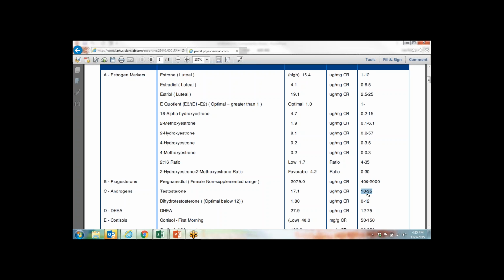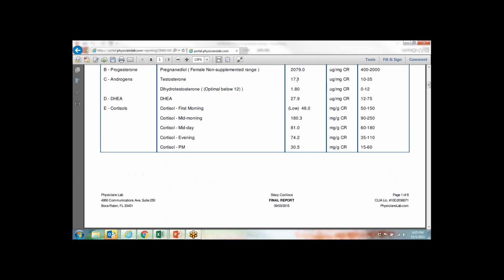However, if I'm a 5'11" woman who weighs 180 pounds, I'm probably going to feel much better in the 30 to 35 range. So it's just something to keep in mind when we're looking at the optimal ranges and balancing the hard values from the results against the symptoms.